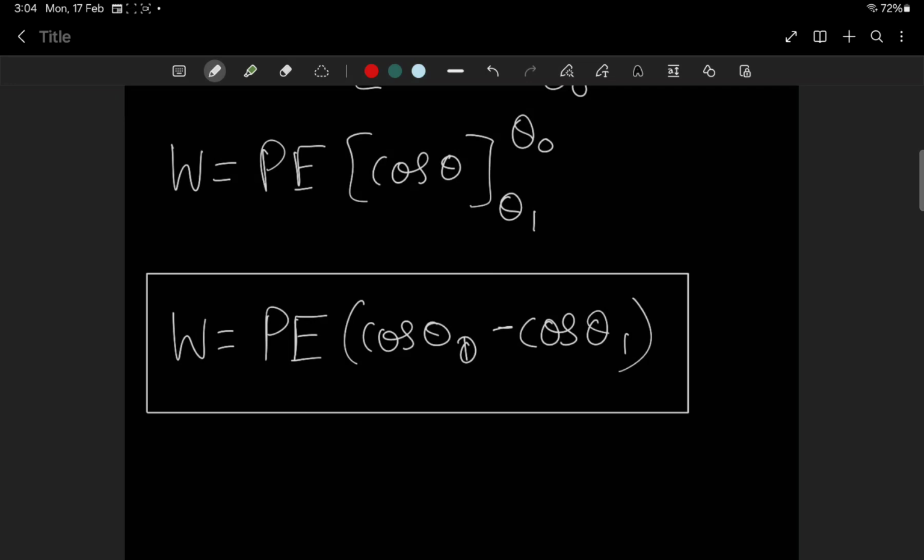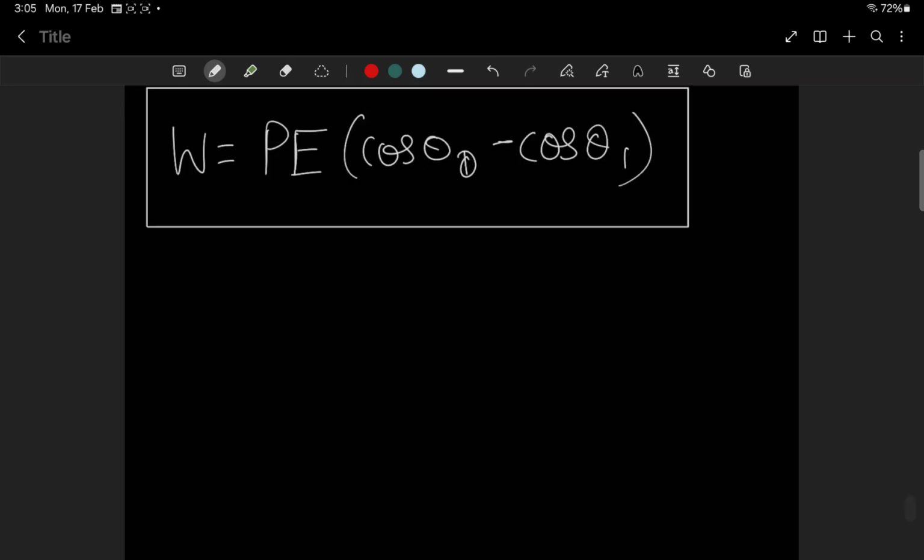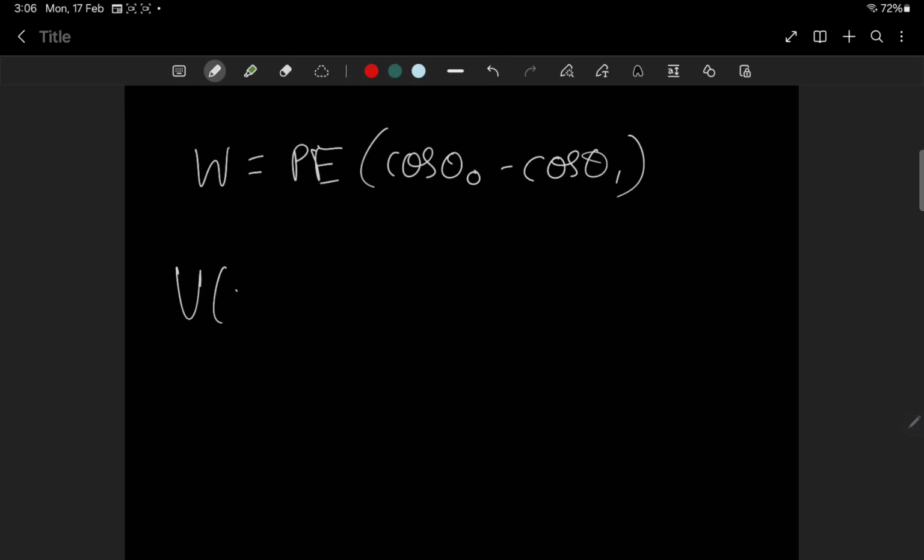So we got this much work done. Now we need to find the potential energy. We write our equation: W equals PE into cos theta 0 minus cos theta 1.